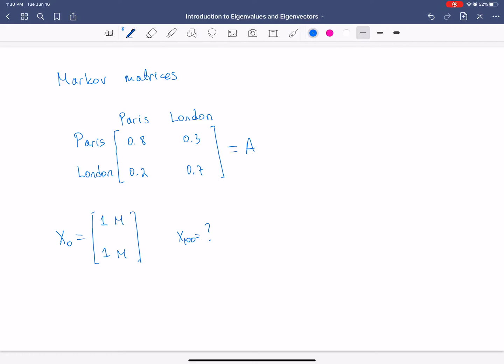If this year we have 1 million in Paris and 1 million in London, and every year the population migrates according to this matrix, then I want to know what the population of Paris and of London will be 100 years from now. Also, we might want to ask, will the change in population stop at some point? And to answer these questions, we have to look at eigenvalues and eigenvectors.